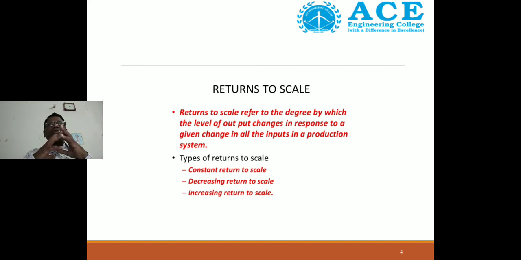Then types of returns to scale. We divide returns to scale into three types. What are they? First one is constant returns to scale, second one is decreasing returns to scale, third one is increasing returns to scale.